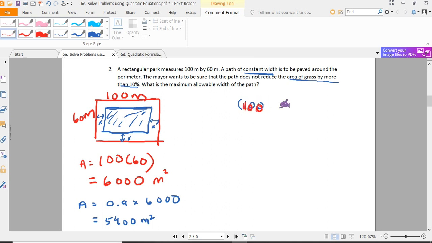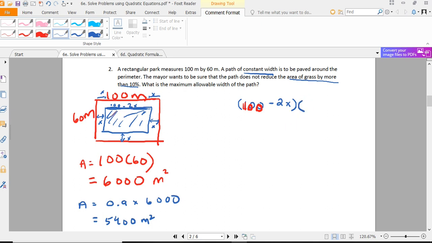Now, I'm cutting both sides, I'm cutting this little width section, and I'm also cutting that section, which means I'm taking away 2 x's, because this is going to be a path of constant width. So I'm removing an x from this side, I'm removing an x from this side, so the new length of this would be 100 minus 2x.